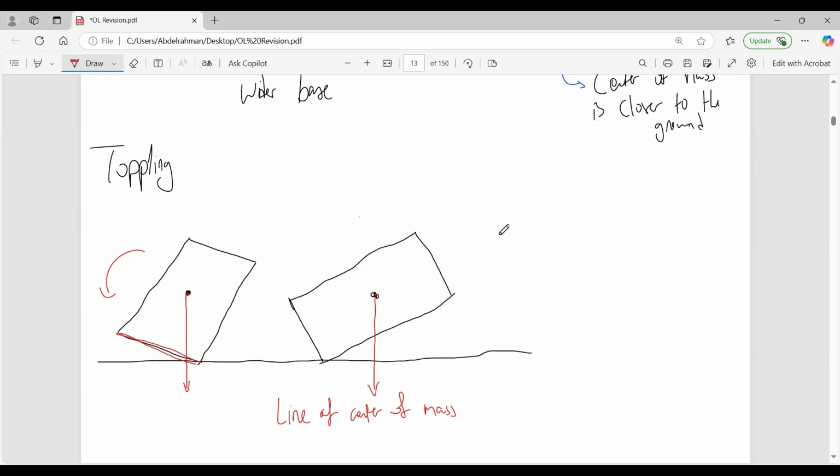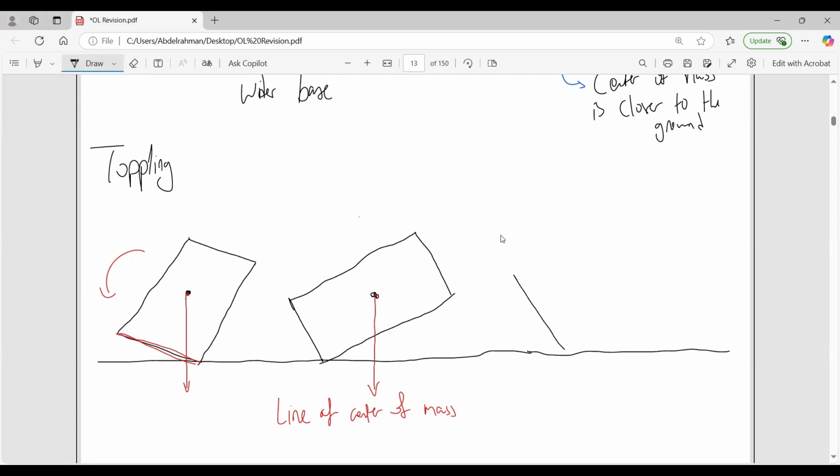Okay, how can I make it in equilibrium? Let me draw another object. Okay, let's assume that this is a perfect square. I know it's not a perfect square at all, but I'm trying to assume it's a perfect square. And this is the center of mass of this square.